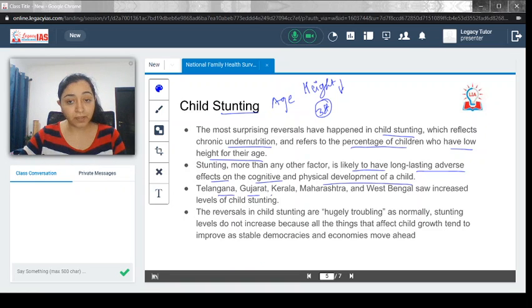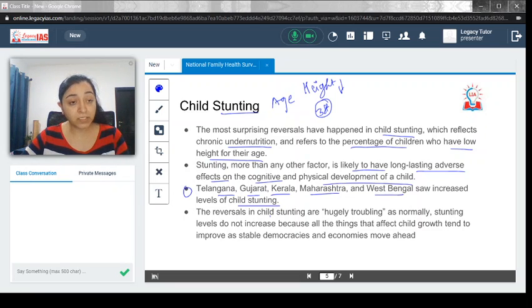Telangana, Gujarat, Kerala, Maharashtra and West Bengal saw an increased level of child stunting. So in these states, which you can consider more on the developed side, even there has been an increase in the cases of child stunting, which is a harrowing finding.